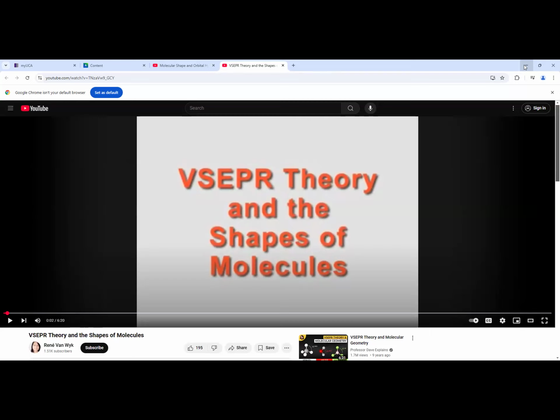Once you have your Lewis structure, you can assign the bonding groups as X and the non-bonding groups as N. And that will allow you to determine this notation that's on the far left-hand column.